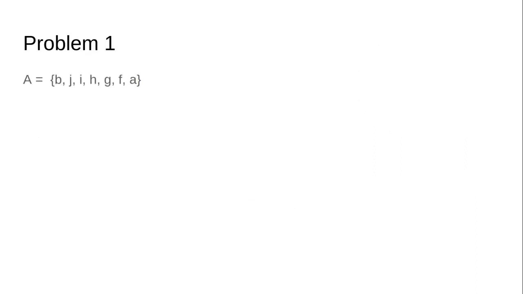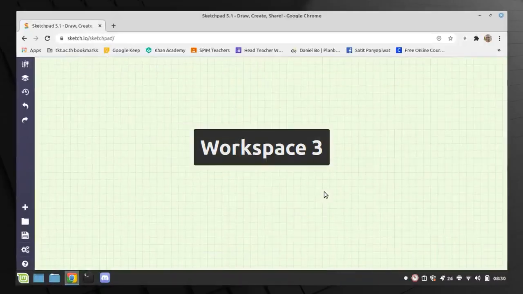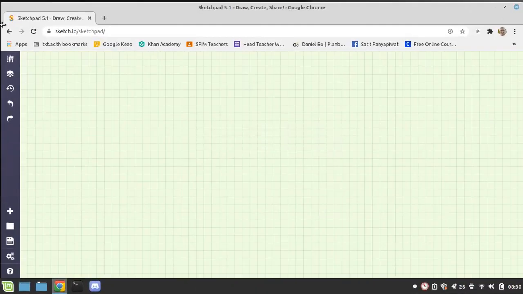So we're going to start with one problem. First problem: set A has elements B, J, I, H, G, F, A, and set B has one element, which is G. So I'm going to go ahead and write these down over here.